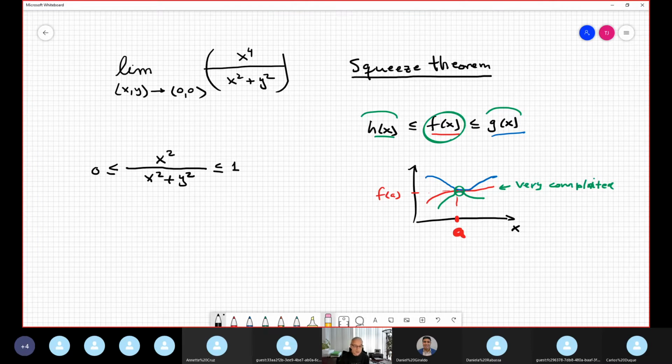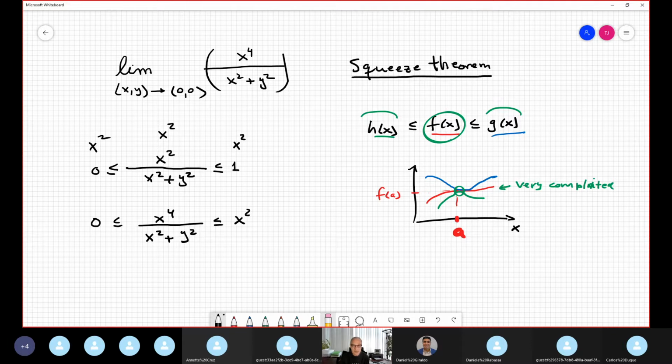If you multiply the entire inequality by x squared, we have 0 less than or equal to x to the 4th power over x squared plus y squared, less than or equal to x squared, because x squared times 1 is x squared.